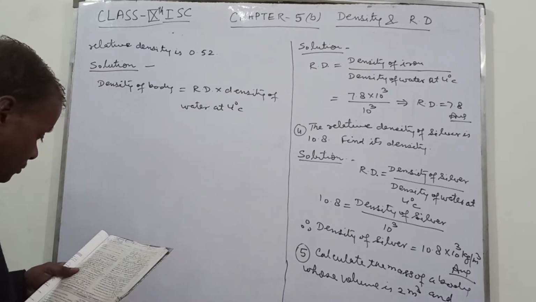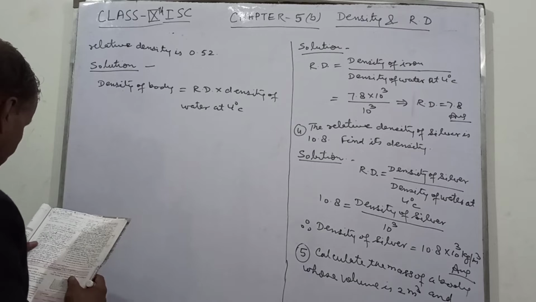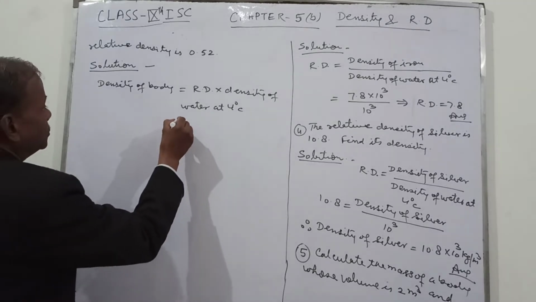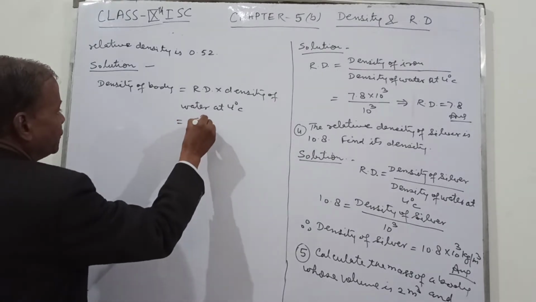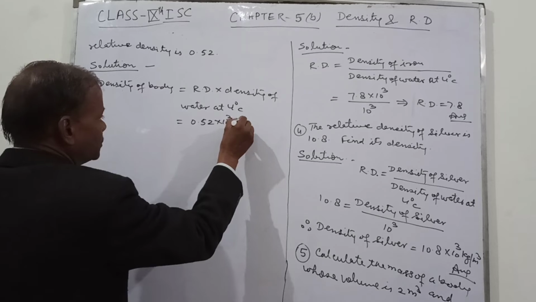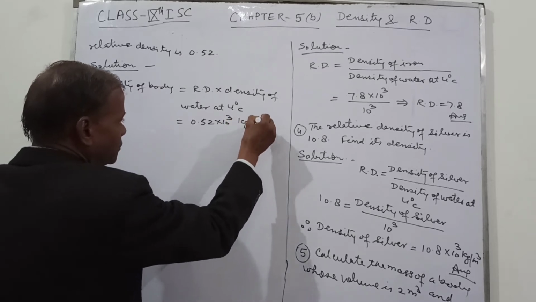Now this is all in kilograms, so RD is 0.52 into 10 raised to the power 3 kilogram per meter cube.